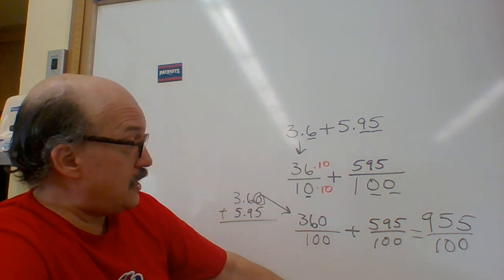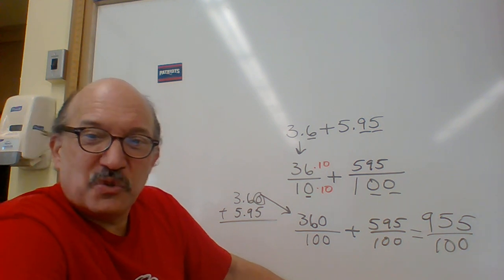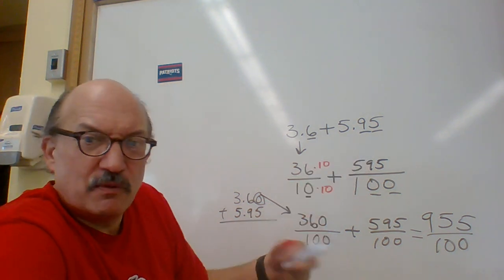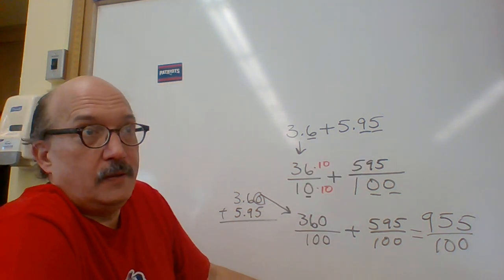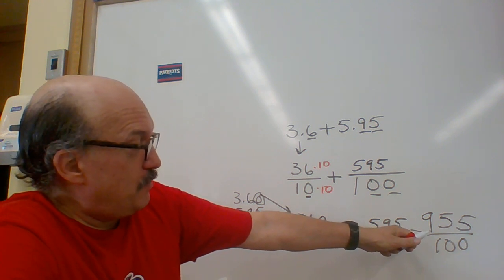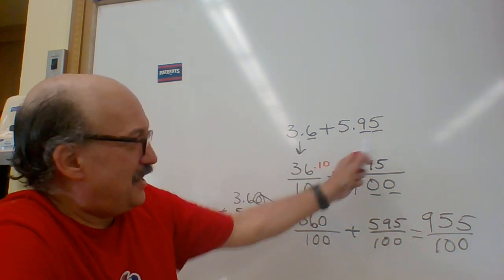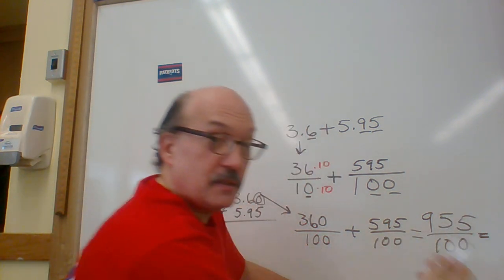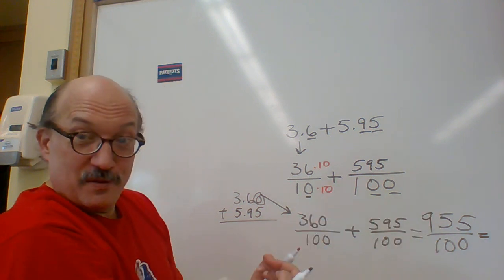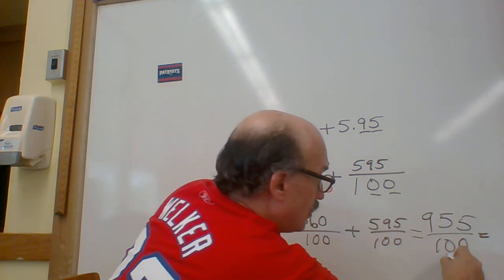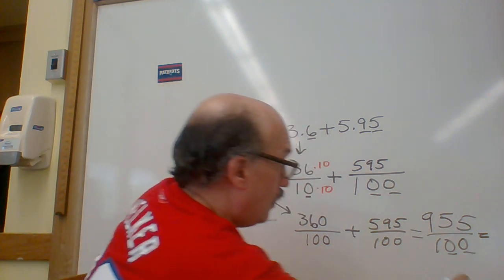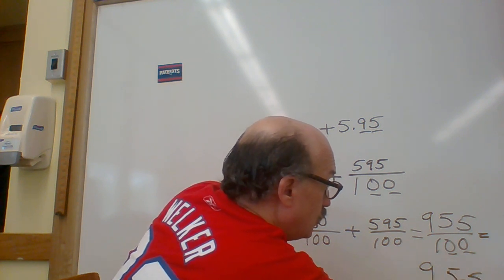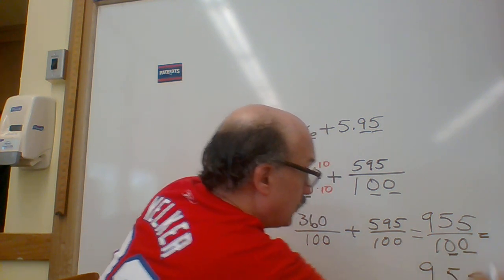As a fraction, 955 hundredths. There's sort of an agreement in math. If we're given a problem, given the numbers in decimal form, we give the answer in decimal form. I mean, if somebody wrote that on their paper as the answer to this addition, I'd have to mark it correct. But because we're sort of expected to give the answer as a decimal, we now apply the rule. There are 2 zeros here. So we write the 955 in such a way that there are 2 digits to the right of the decimal point corresponding with the 2 zeros there.